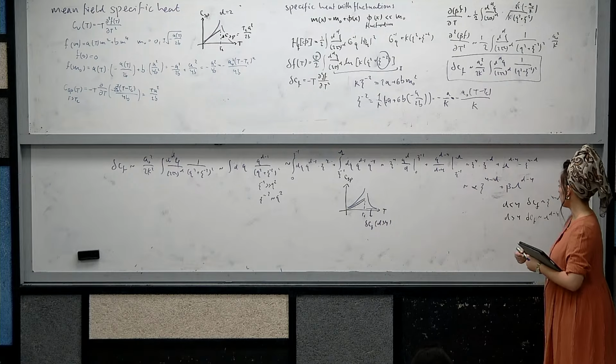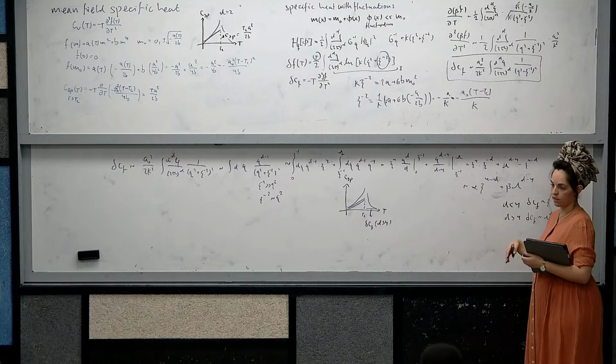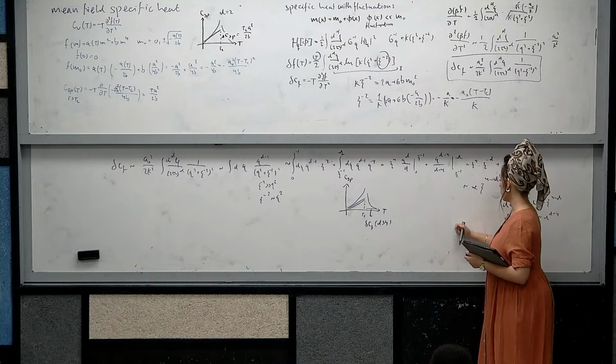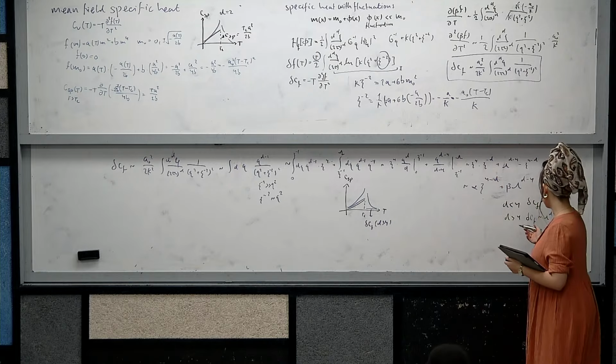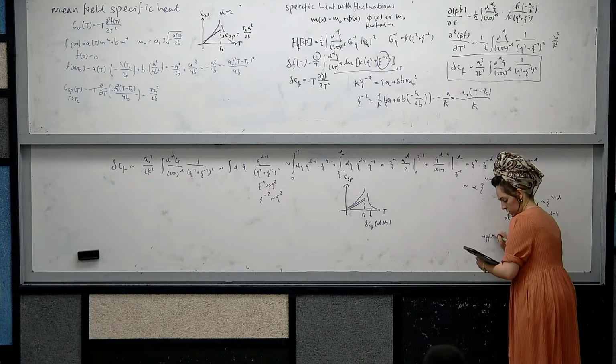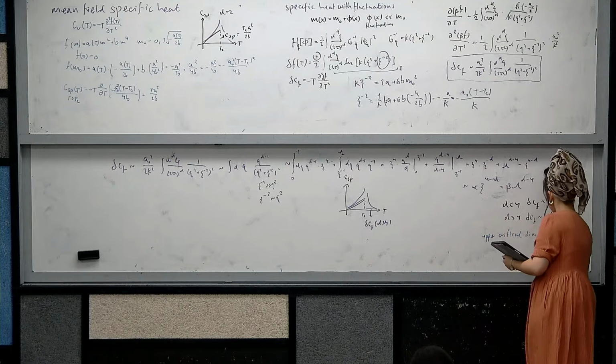But for d smaller than 4, the fluctuations have a higher effect and they change the physics, so you can't use just the mean field approximation. This is called the upper critical dimension.